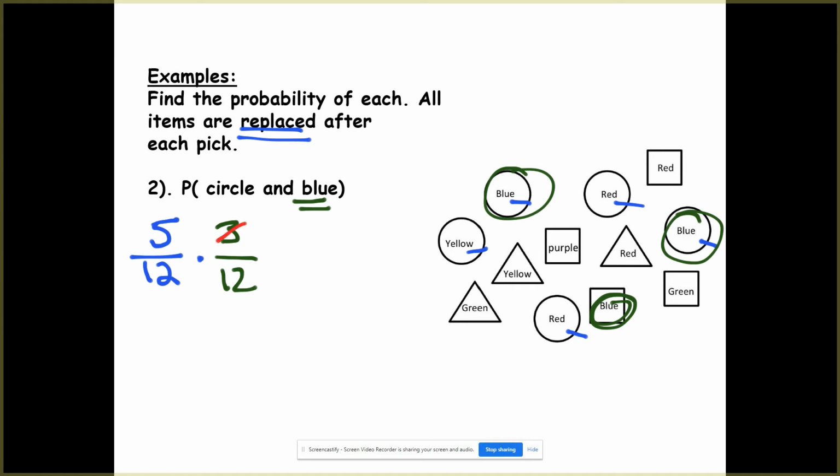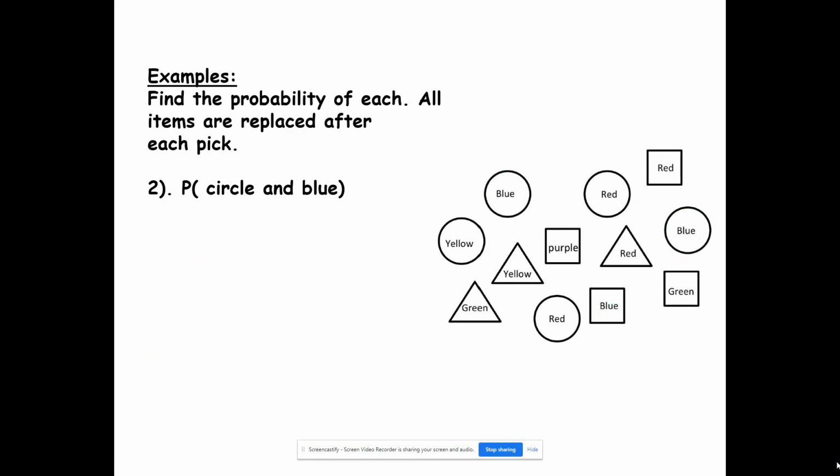So 3 goes into 12 4 times. This becomes 1. And then you multiply across. You end up with 1 times 5, and 4 times 12 is 48. And so the probability of getting a circle and a blue is 5 out of 48. Okay. So let's go ahead and move on to the next one. And let's see. There's the answer, which is 5/48.